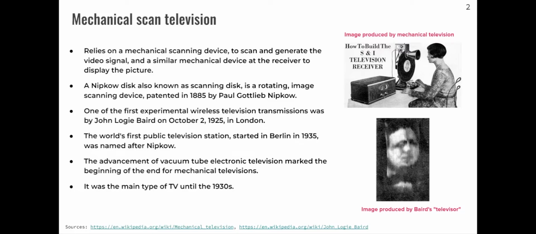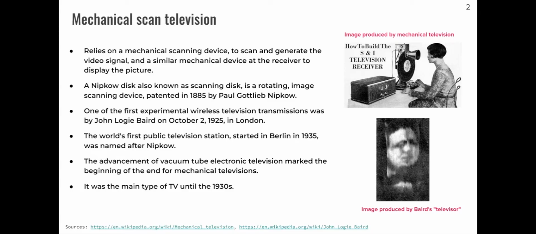The brightness of the neon lamp was varied in proportion to the brightness of each spot on the image. As each hole in the disc passed by, one scan line of the image was reproduced. Here on the bottom right, we can see the scan lines being produced by Baird's television.